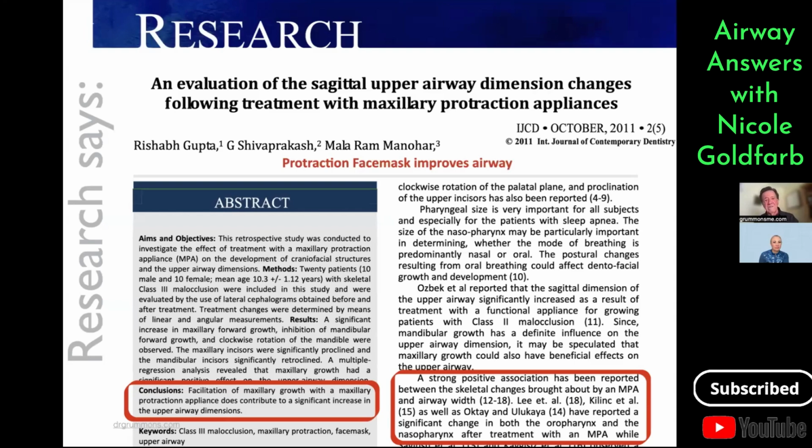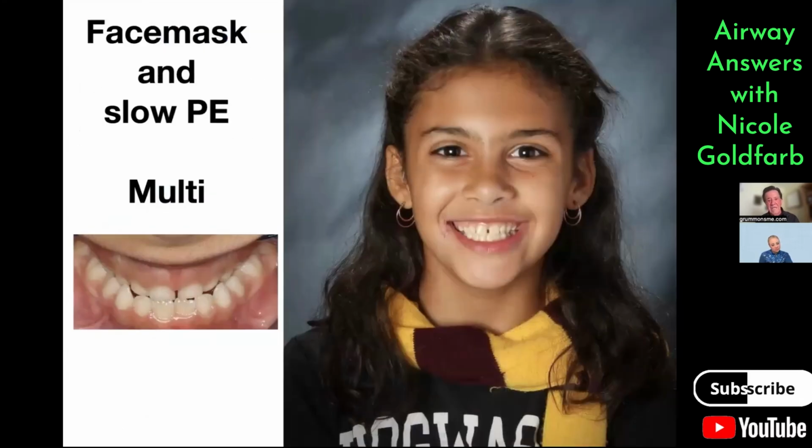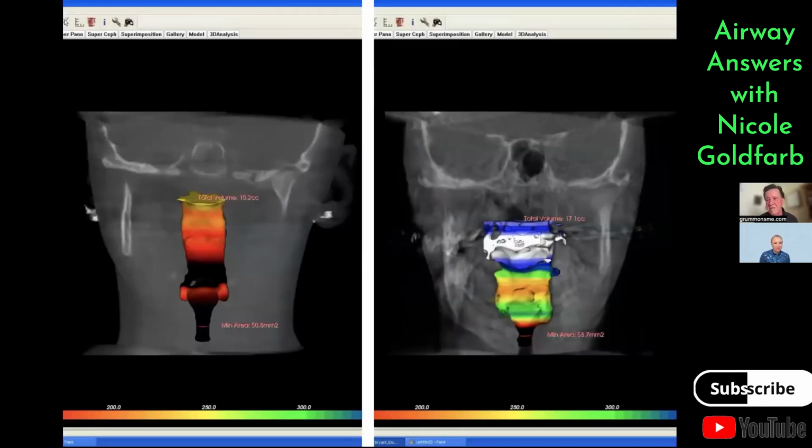And other research showing that if we use these protraction methods, we're definitely helping the airway, the upper airway, which is what this is all about. And she goes from here to here in about 8 months and restores breathing and sleep. And she's an alert, bright, active, thriving girl now. So it was a convincing type of case to present there, along with the many others that got presented.